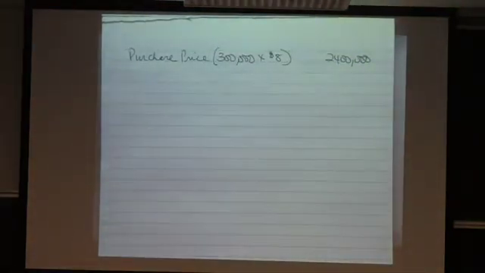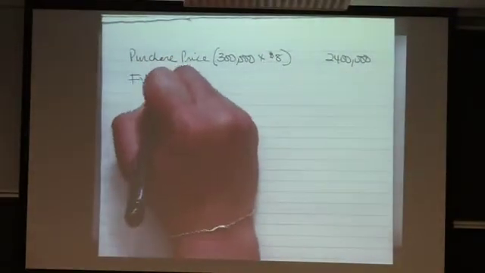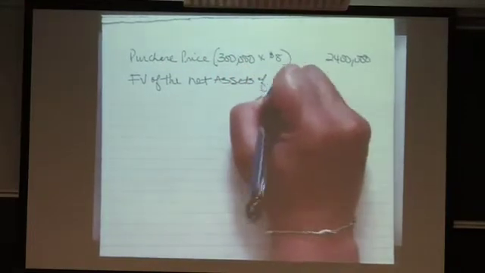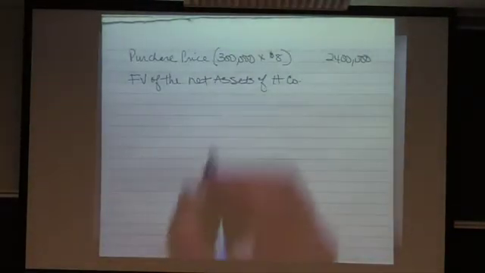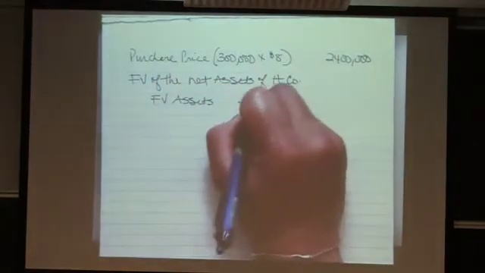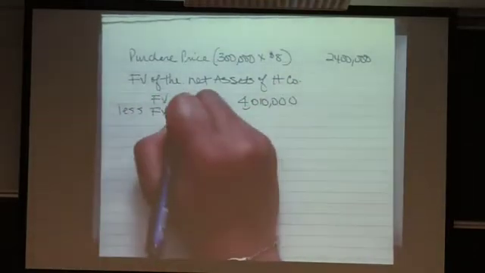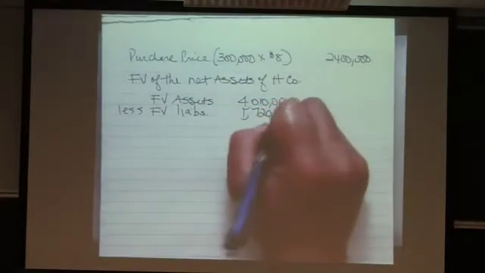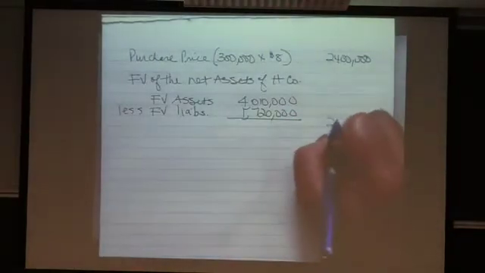Now, we're going to subtract and compare what we paid against the fair value of the net assets of H company. So if we add, we've got assets is $4 million less fair value of liabilities, which is $1,720,000, to give us $2,290,000.